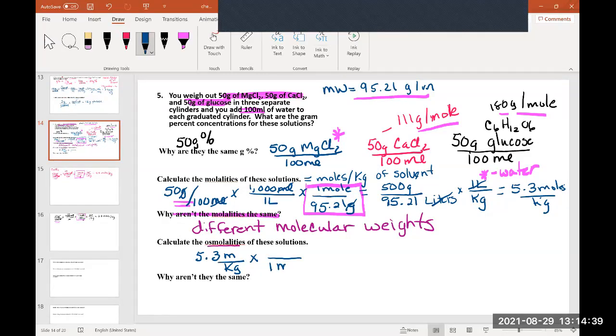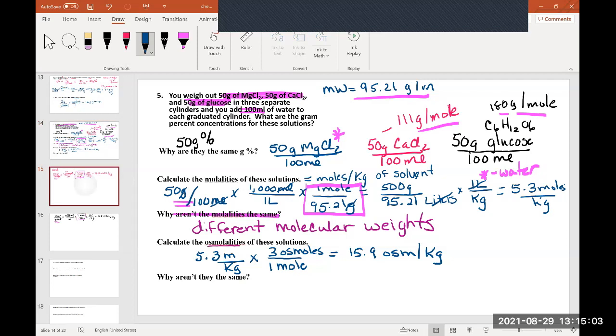For every 1 mole, there are 3 osmoles. So all we have to do is multiply by 3. For magnesium chloride, we would get 15.9 osmolal. Osmoles, 15.9 osmoles per kilogram of solvent.